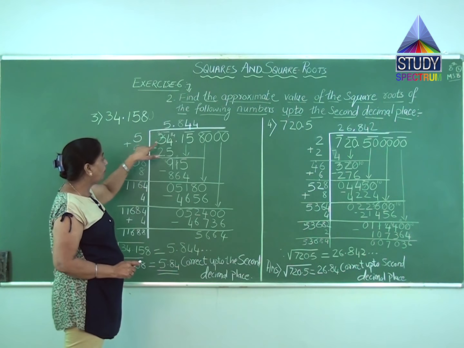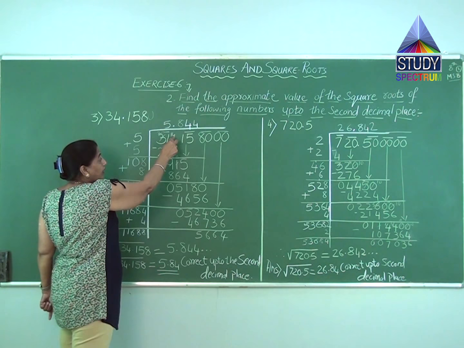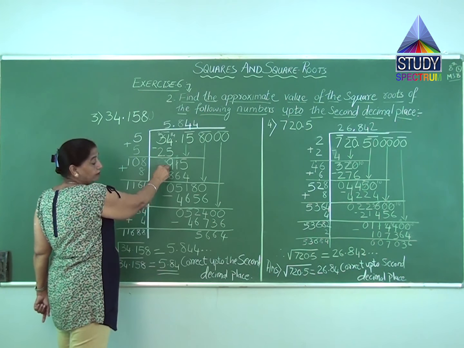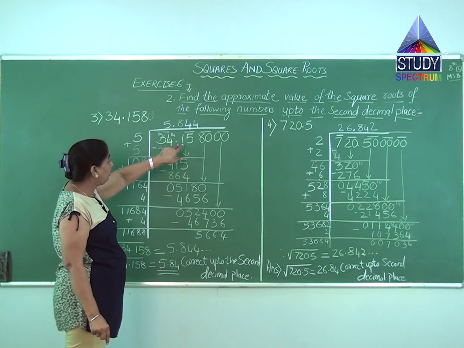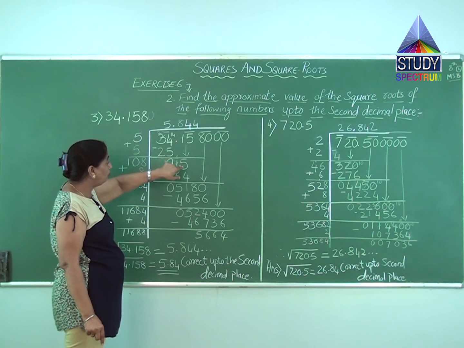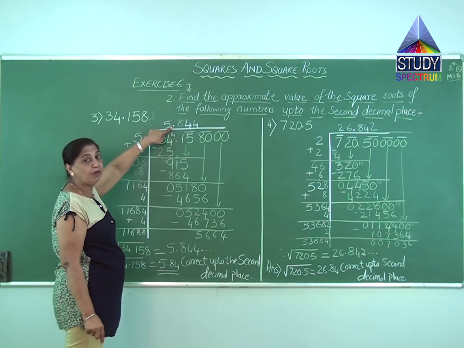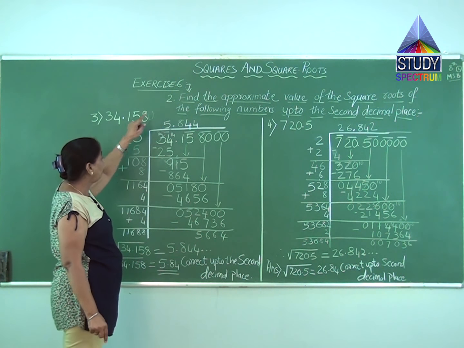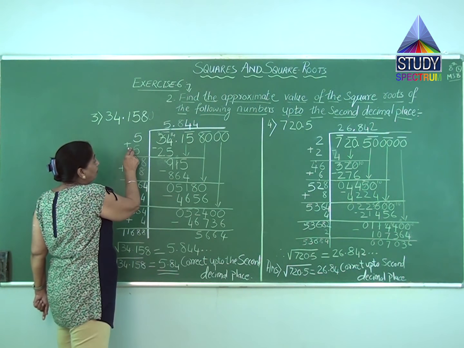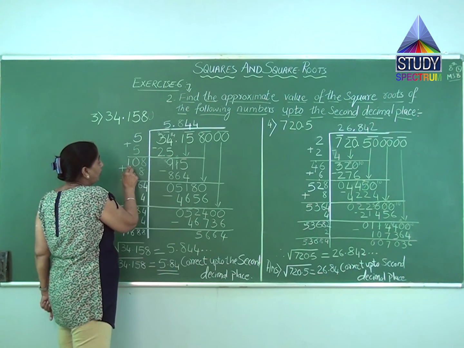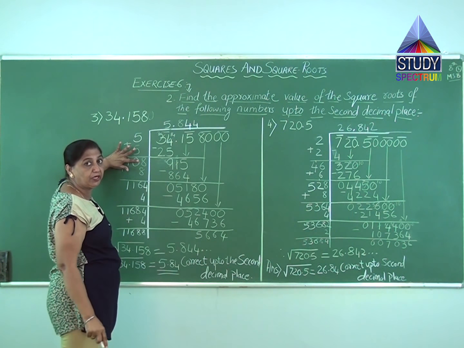So 5 into 5 gives me 25. Subtract this 25 from 34. What I'll get? I'll get 9 over here, right? Now to solve further, I will bring the next pair of numbers below. Before that, the point is over here, so I'll put a decimal point over here. At the same time, this 5 that I have taken, I will add to this number. This becomes 10 now. And here it has become 950.